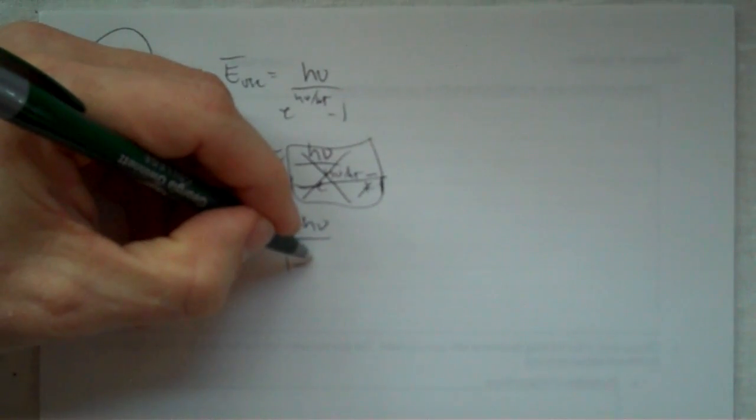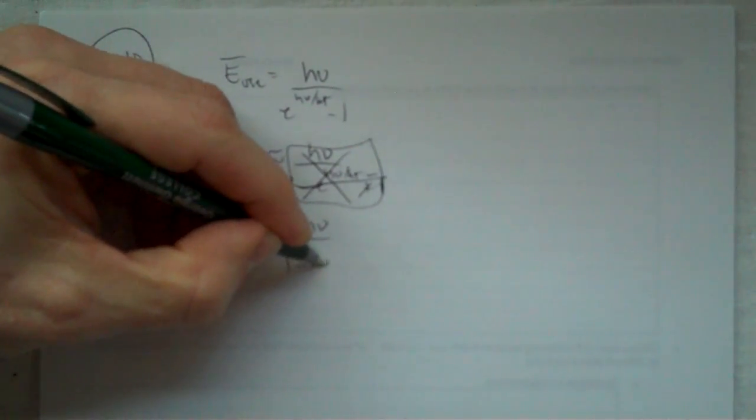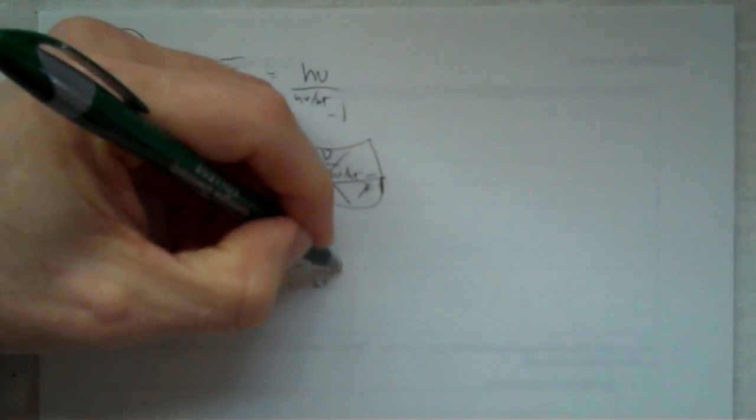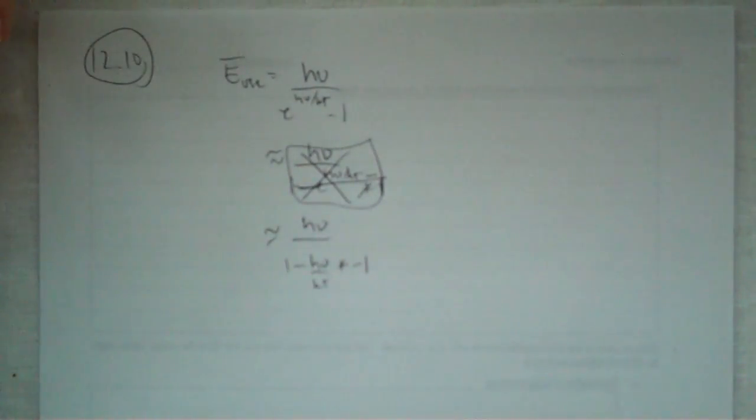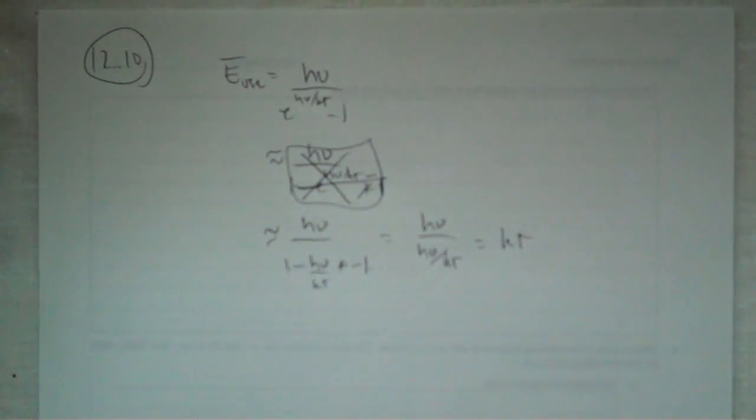You know what, that's all a mistake. h nu over 1 minus h nu over kT, rather, do it again, 1 minus 1, okay? You can see, obviously, that this is going to be equal to 1 minus 1, h nu over kT, which is the same thing as kT, okay?